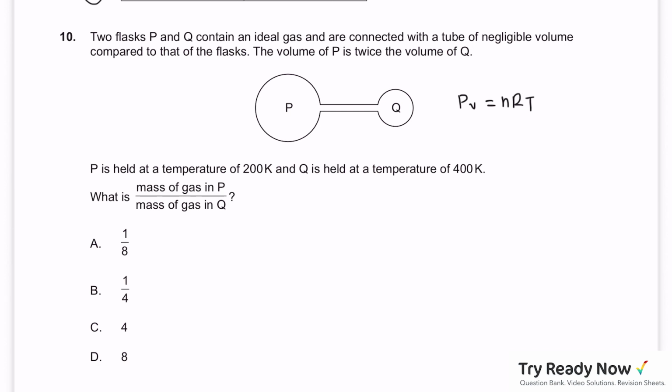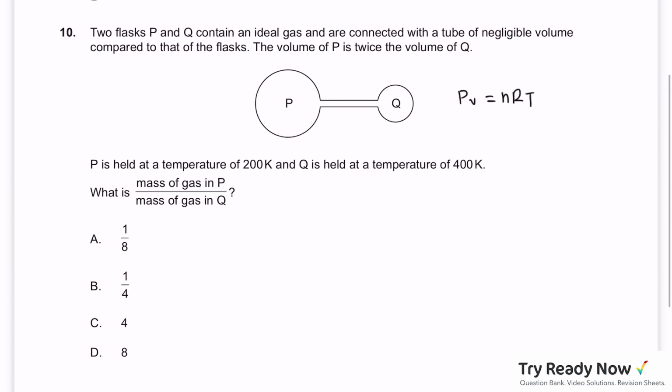We also know that the pressure in this case will be constant because they are connected through a tube. This means the pressure within both of these would be shared. So what we can do is rearrange this formula to be in terms of P.